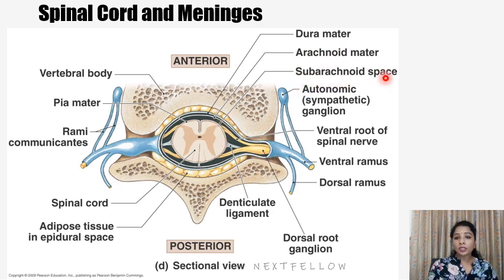It is also called the leptomeningeal space and contains the cerebrospinal fluid, CSF. Blood vessels supplying the spinal cord and the arachnoid trabeculae are also located in the subarachnoid space.